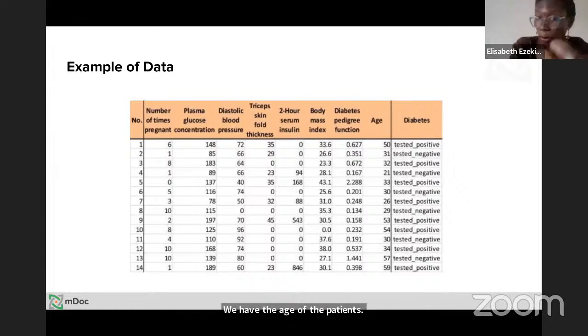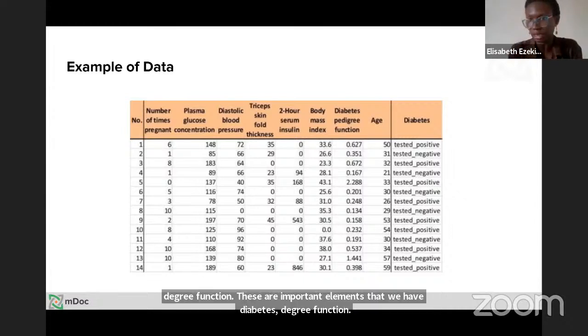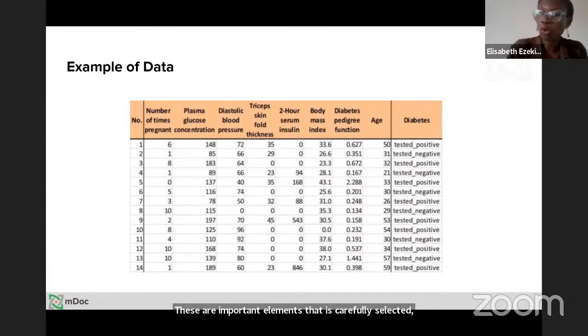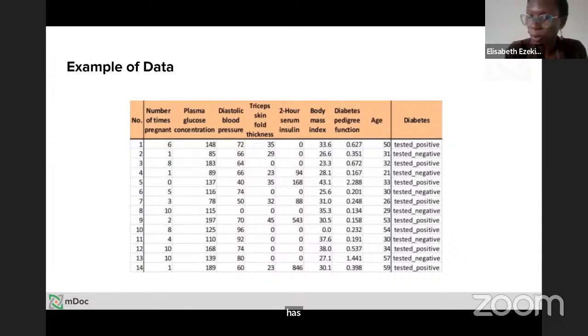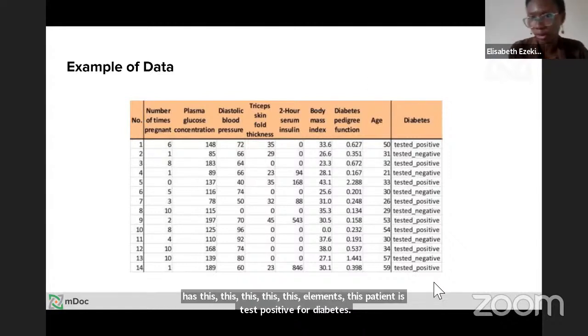These are important elements that have been carefully selected, processed, and arranged in this data spreadsheet that now shows what the output is. That if a patient has these elements, this patient is test positive for diabetes. So when we have this spreadsheet, this data is then processed and fed into the training model, right?